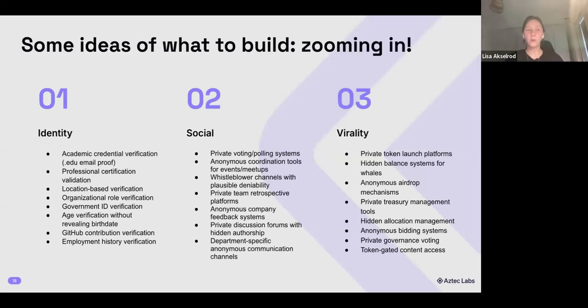Account abstraction, I should note, makes sense with Aztec, not just Noir. Let's focus on three verticals. But again, the rule of the hackathon: build whatever you want with Noir. We just focus on these verticals as examples: identity, social, and virality.